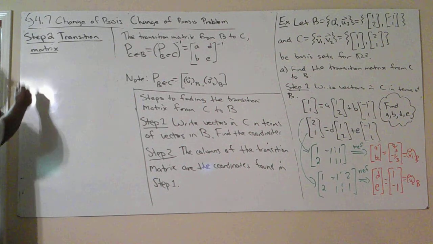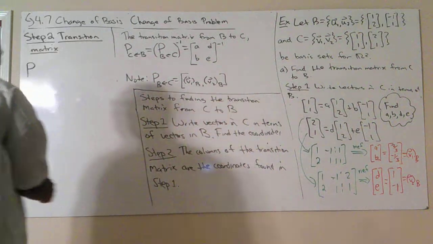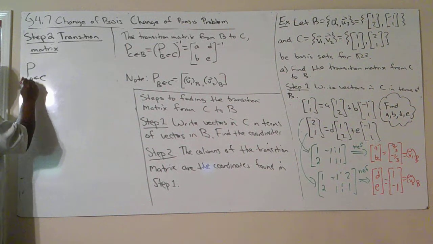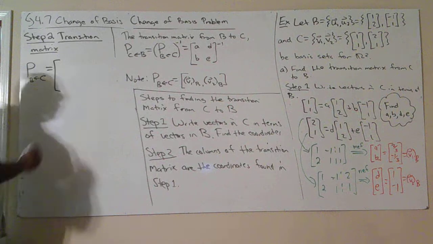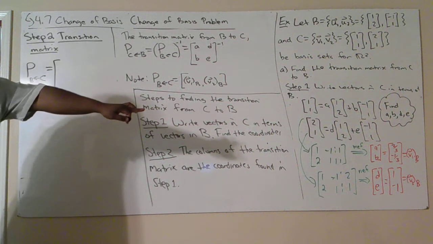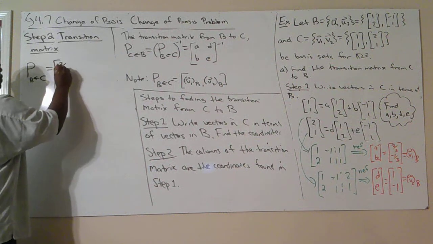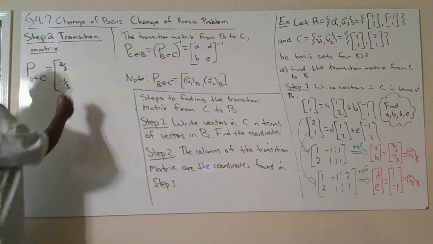It's my fault. So the transition matrix from C to B is going to be equal to our coordinates, (2/3, -1/3), and then the next one is (1, -1).